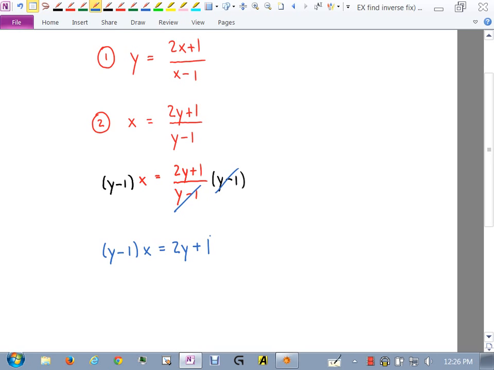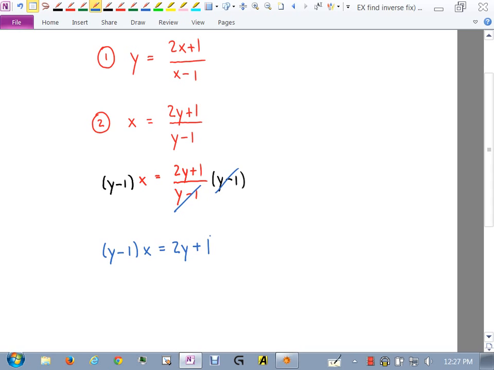Now, what you might be thinking right now is, hey, I almost have y by itself. I just need to move the 1 over and then divide by 2. The problem with that is you have a y over here also. You cannot tell me you've solved for y if y appears here and over here. So what we're going to do is distribute the x through first.